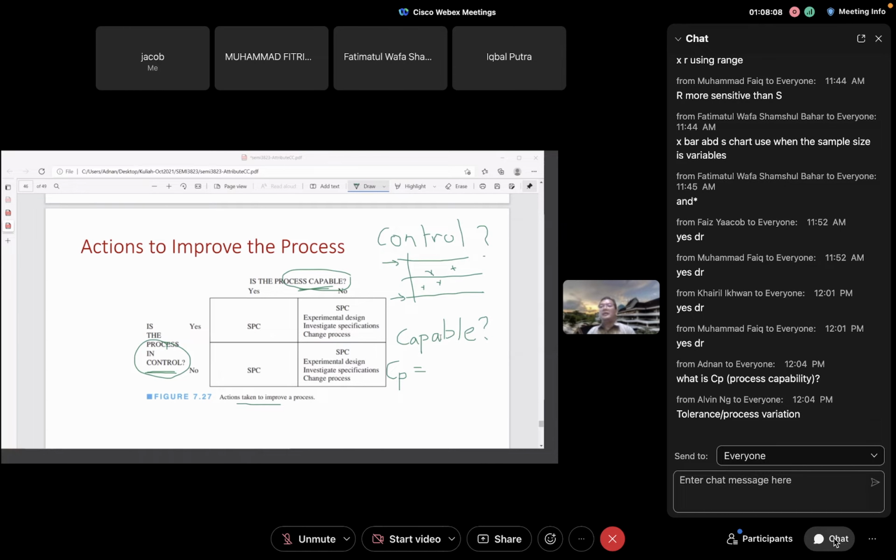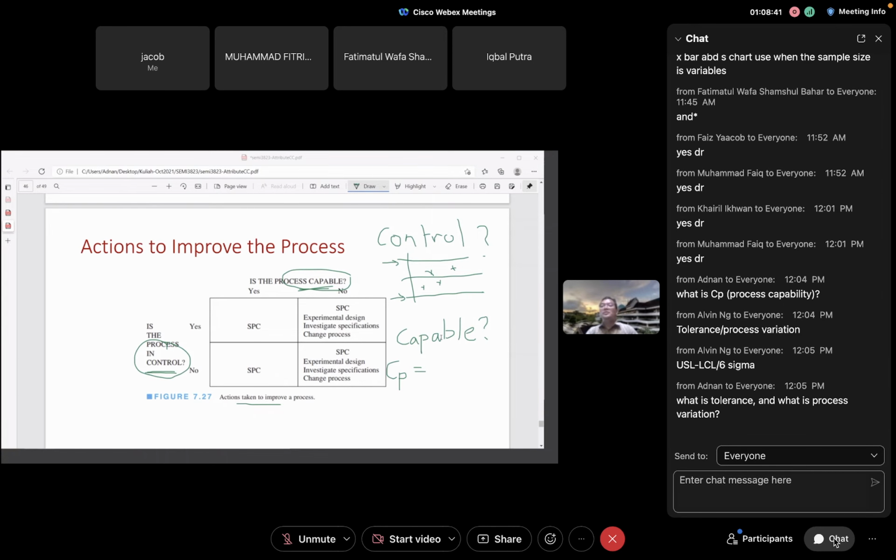Very good, Alvin. Tolerance divided by process variation. What is tolerance? What is process variation? Somebody has responded there.